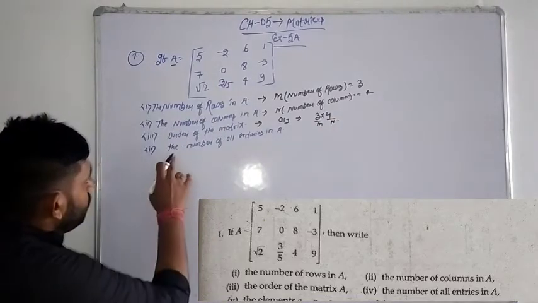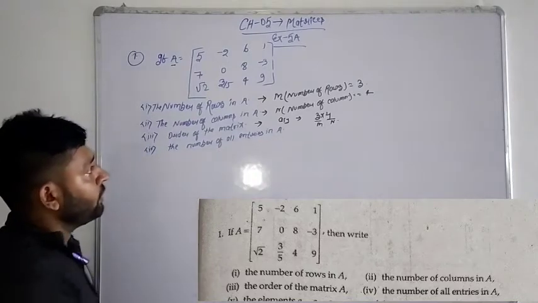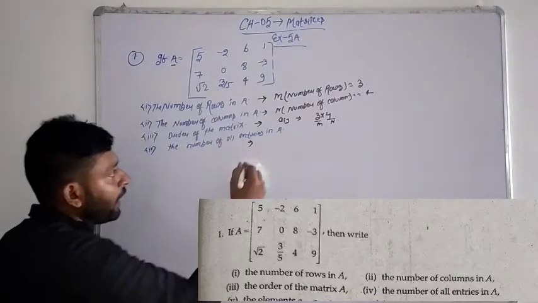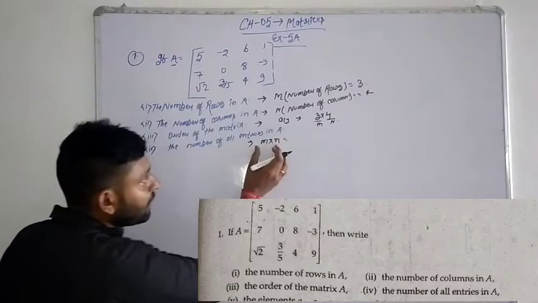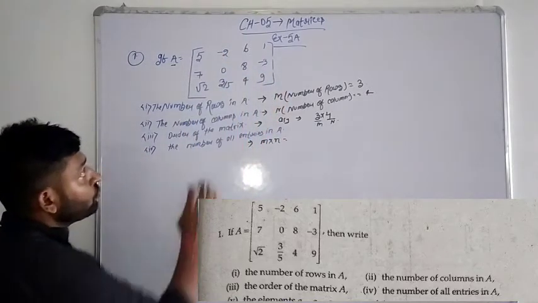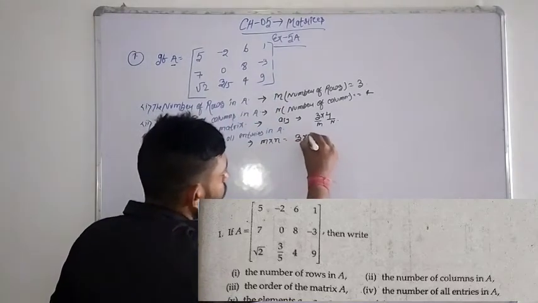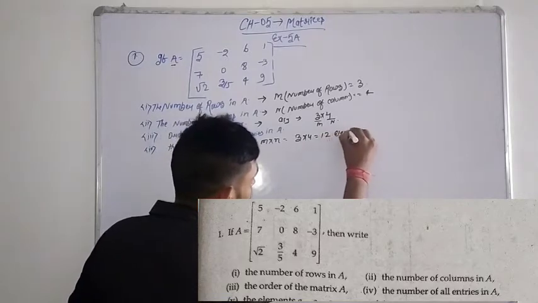Now the number of all entries in A, that means all elements. So here also we multiply m into n, and when we multiply row into column, we get all entries of the element A. So we multiply 3 into 4 is equal to 12 elements.